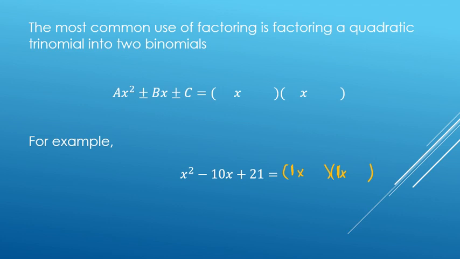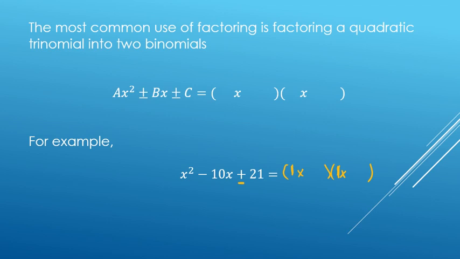Now I need to fiddle around with what's the sign that's going here and what are the numbers going there as well. And in some cases, it's really easy and really straightforward to figure out what the signs are going to be. If you look at the sign in front of your C value here, which in this case is 21, we see that we have a plus here.